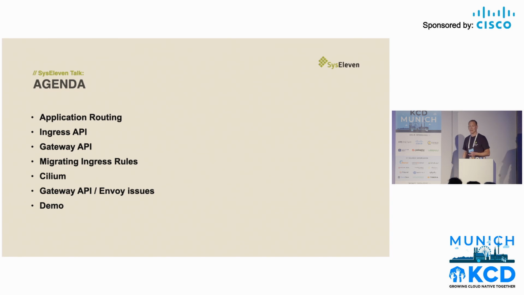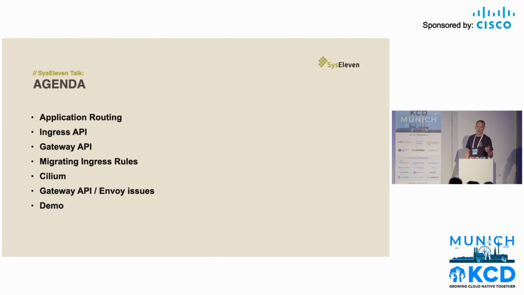A bit about migrating Ingress rules, what options are available there, what can you actually do. A bit about Cilium, because Cilium was my CNI of choice, and I'll tell you why I'm using Cilium and what some of the advantages are of using Cilium versus other CNIs.